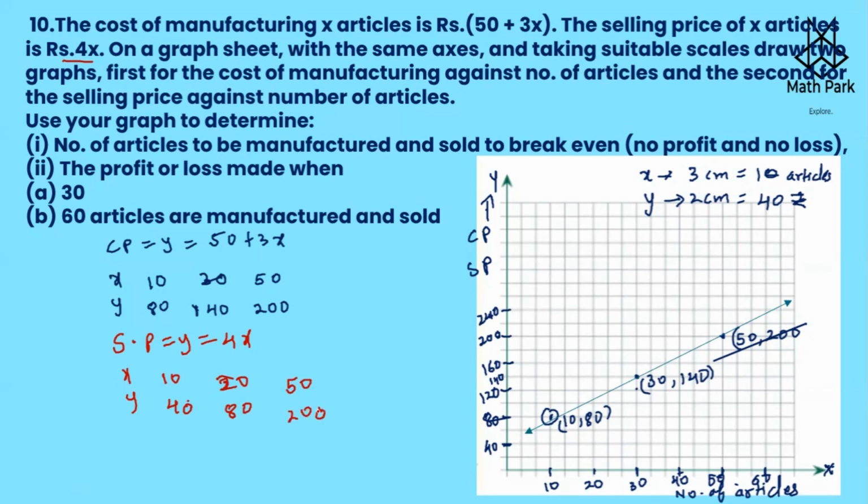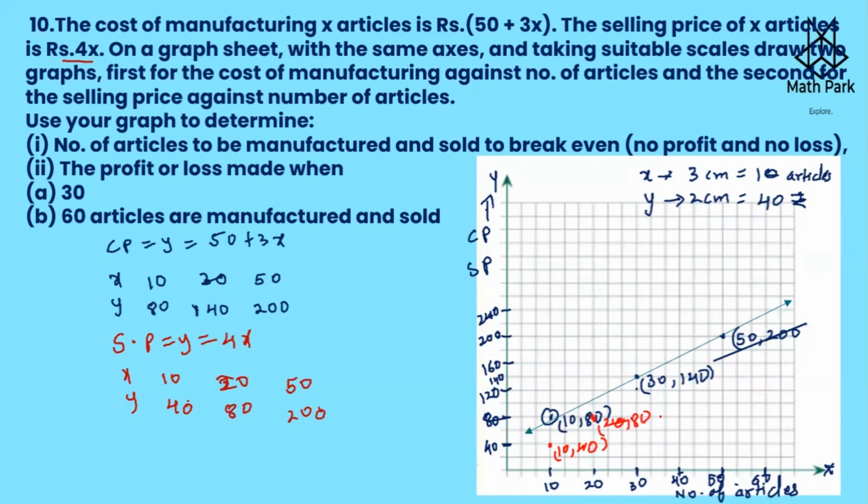Now, let us plot the graph for selling price. So we have 10 comma 40, 10 on the x-axis and 40 on the y-axis. Then you have 20 and 80, so this is the point 20 comma 80.